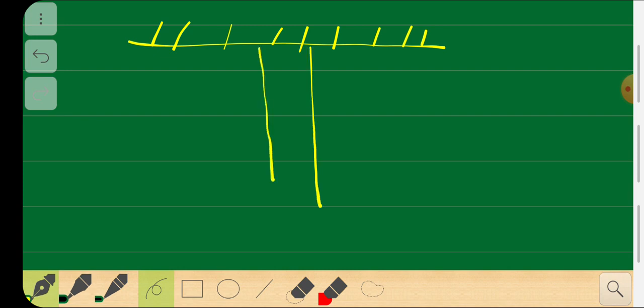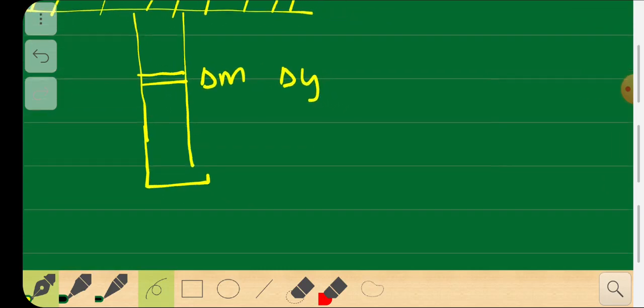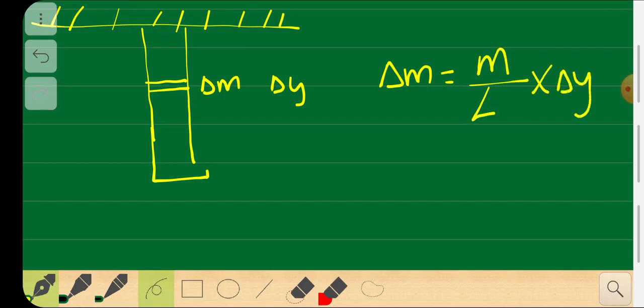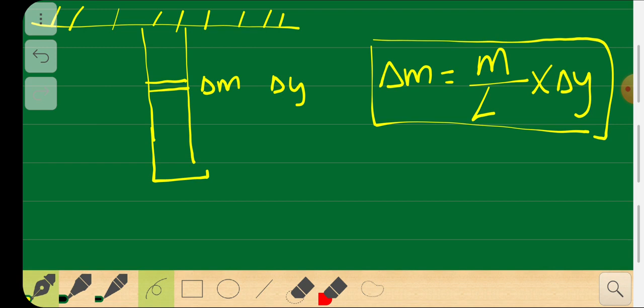If you have a massive string like this, you can take a fraction of mass, call it delta m, of a fraction of length delta y. As we did earlier, the mass of that piece will be the total mass by the total length times delta y. That's already taken care of; we have done this several times now.